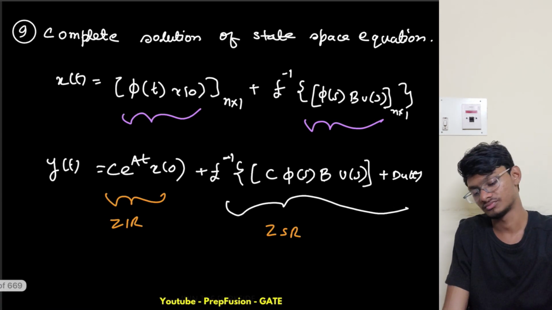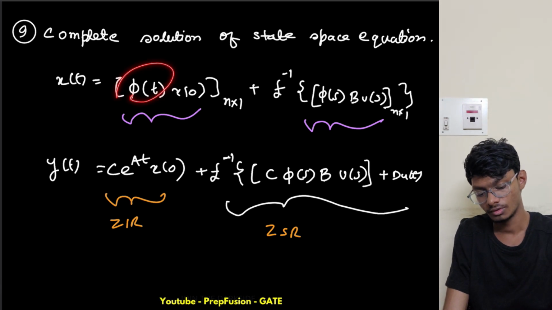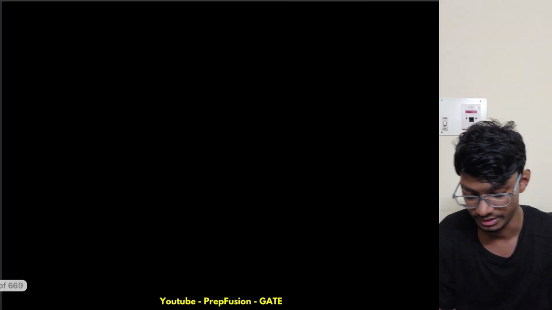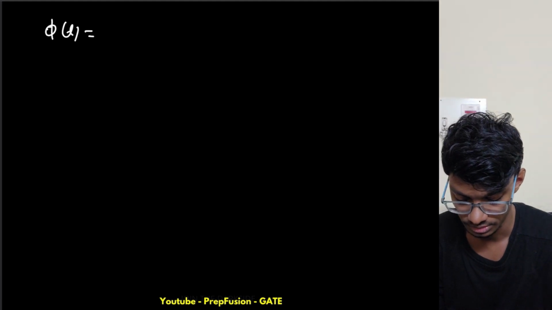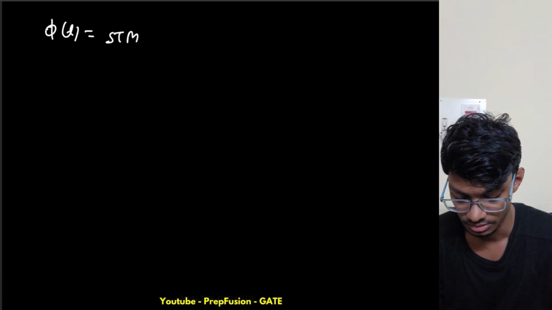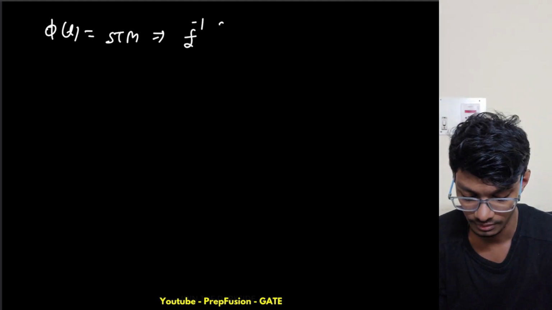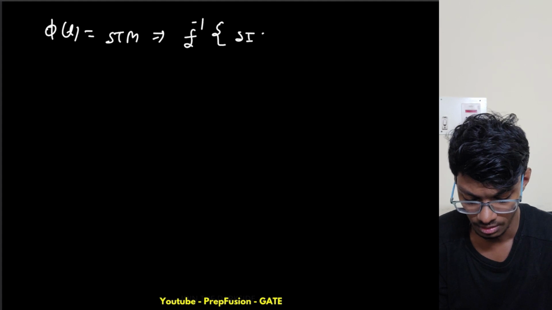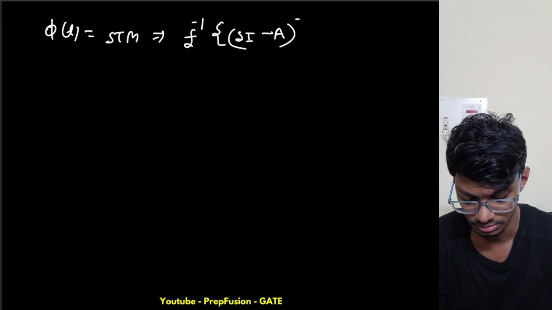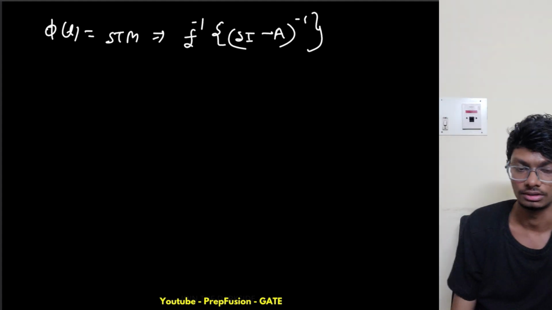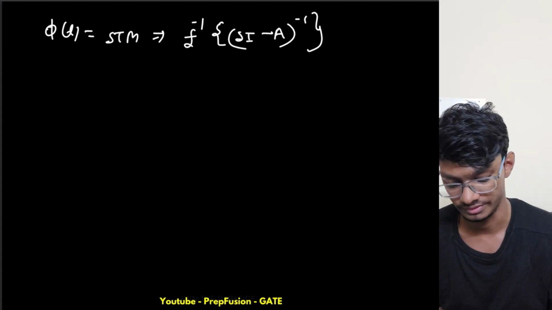Now what is this phi of t? Phi of t is the state transition matrix. It is basically defined as the Laplace inverse of (sI minus A) inverse.